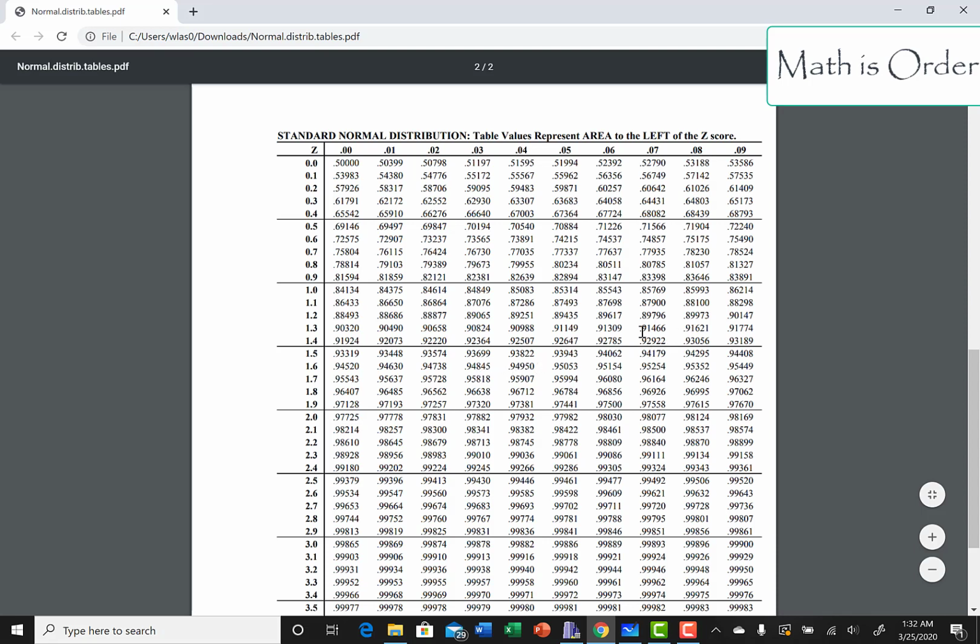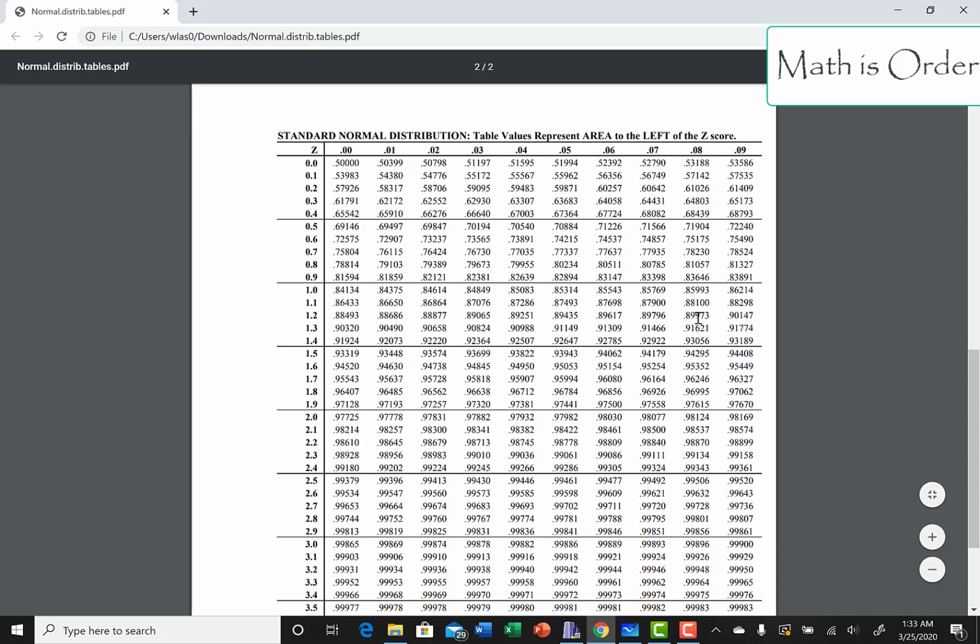And let's see if we can see here. Here's 0.90147, 0.89973. This number right here is the closest number on this chart to 0.90, or 0.9.